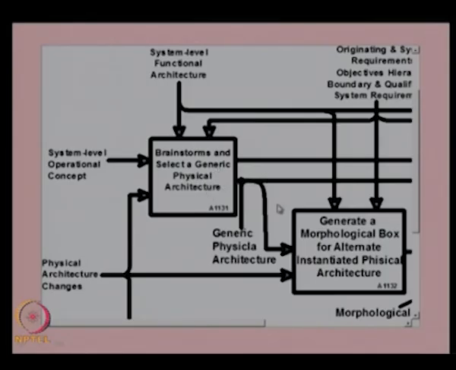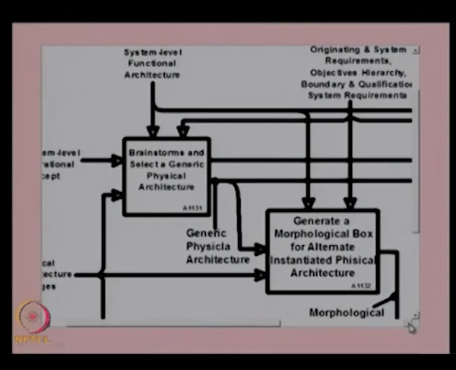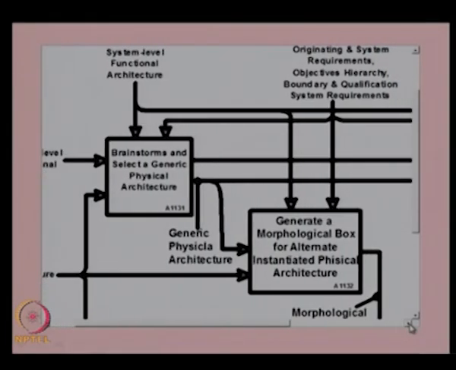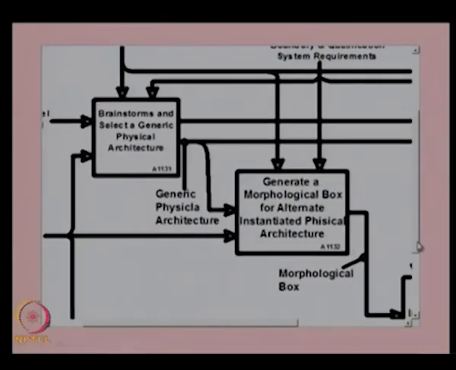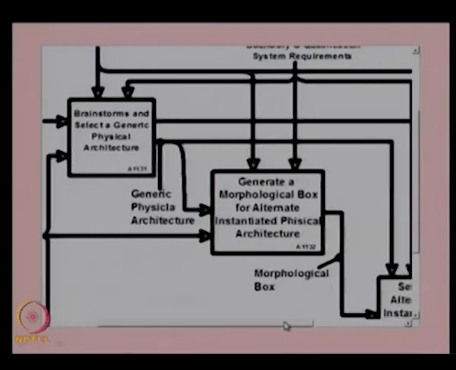And this generic physical architecture, along with the input from the system level functional architecture, will be used for generating the morphological box for alternate instantiated physical architectures. As I mentioned, the morphological box will give you the alternative elements for the generic elements identified in the generic architecture, and using the morphological box we can have alternate instantiated physical architectures.